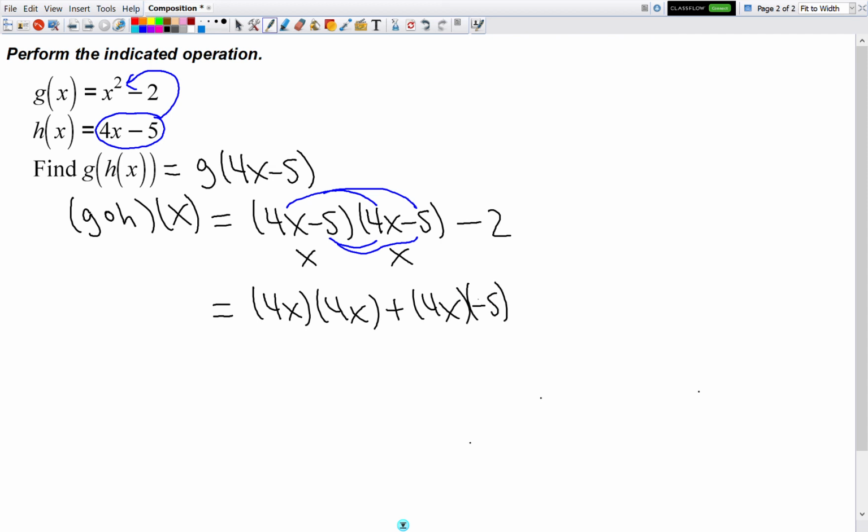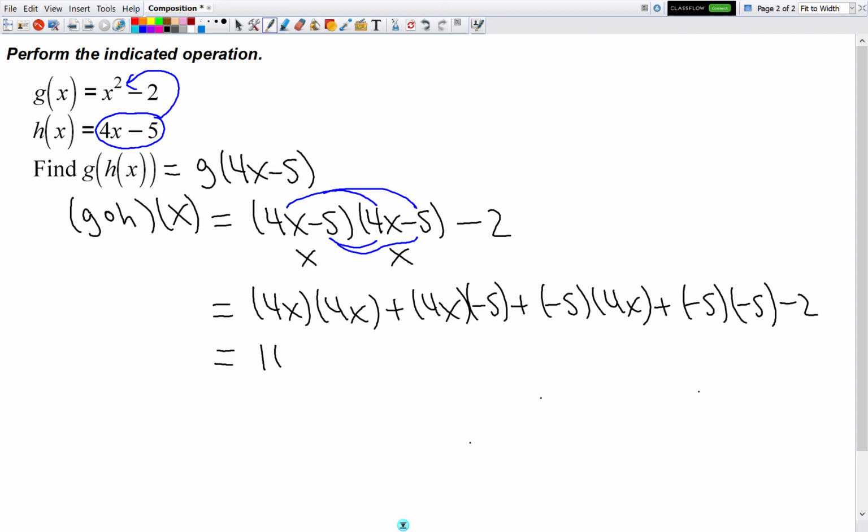Then plus again, negative 5 times 4x, and negative 5 times negative 5. Notice how, like in previous problems and videos, whenever I separated the two sets of parentheses that were multiplying each other, I always put plus signs between them. Then when we start multiplying it out, we can deal with the signs at that time.